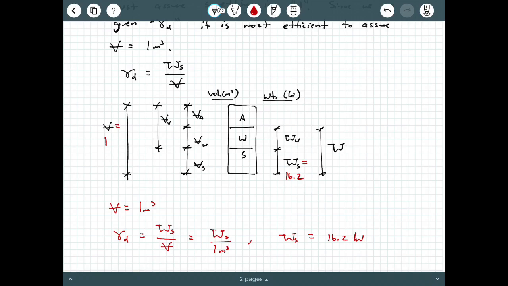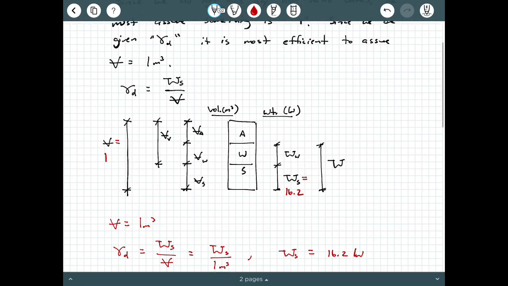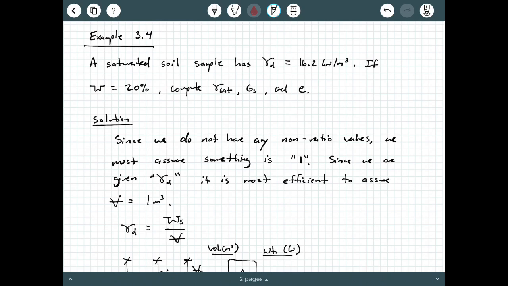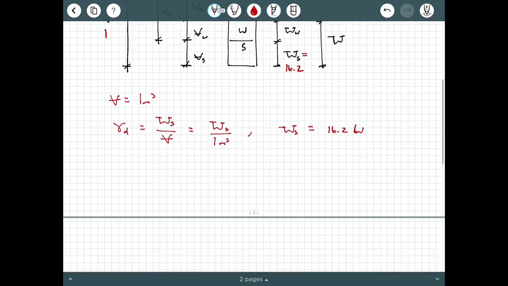What else can we start maybe piecing together? Well, we know we were given a moisture content of 20%, right? Moisture content equals 20%. So how about we use that? We know that the definition of moisture content is weight of water over weight of soil solids. So put a little arrow here.